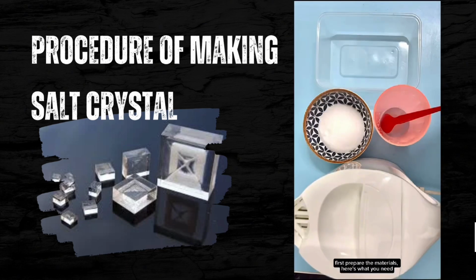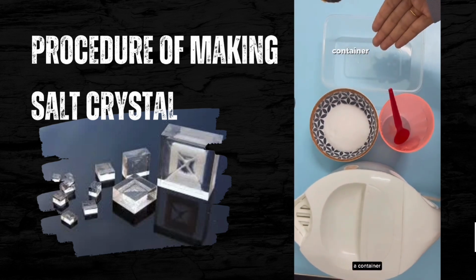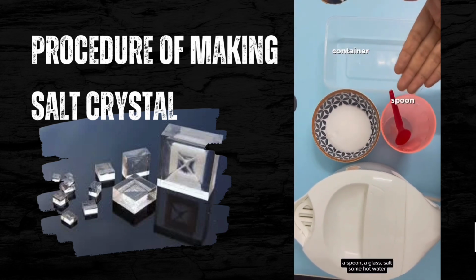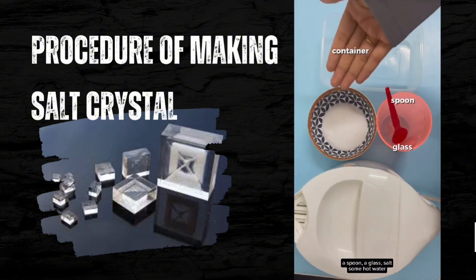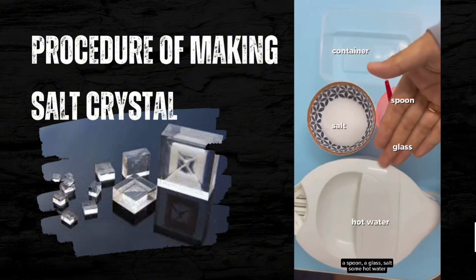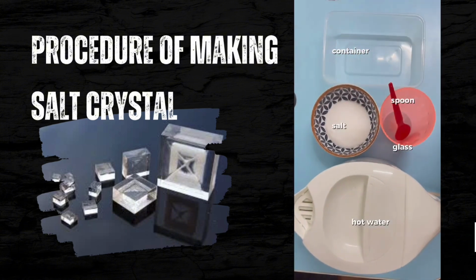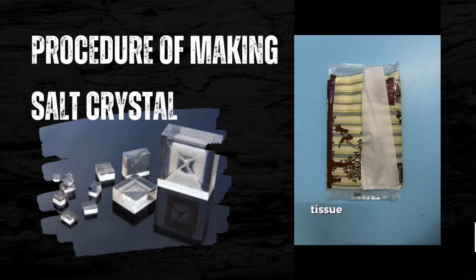First, prepare the materials. Here's what you need: a container, a spoon, a glass, salt, some hot water, and the last one is tissue.